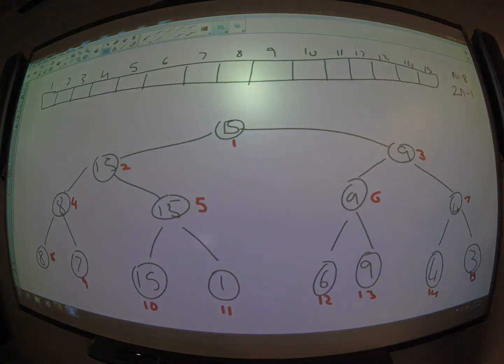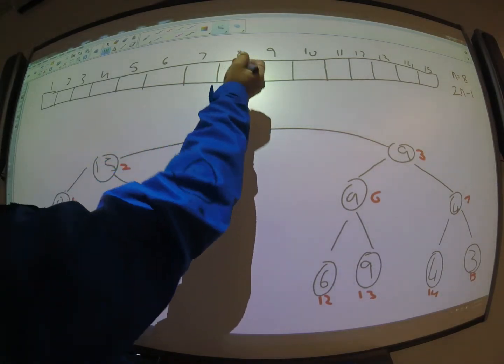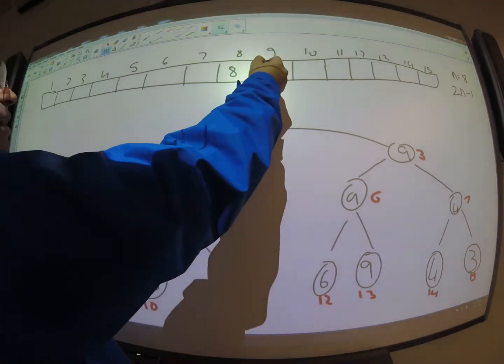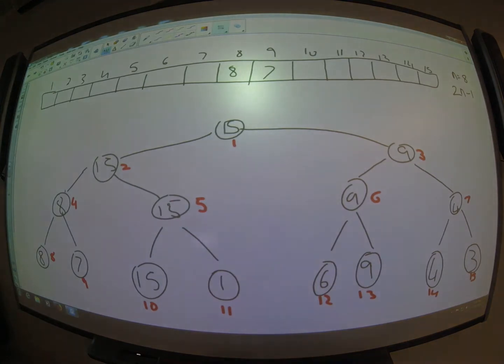I have n numbers, so my first number I'm going to put in position 8, because I have 8 numbers. Then I read my next number, put it in position 8 plus 1. Then I read my next number, put it in the next position.